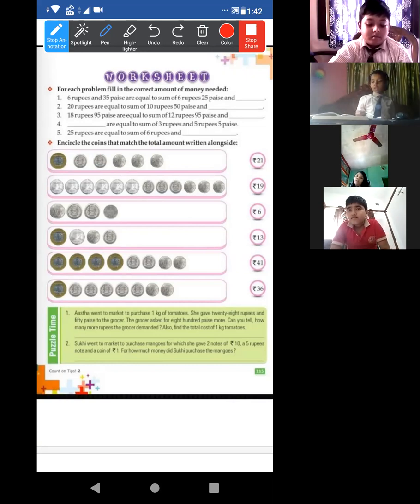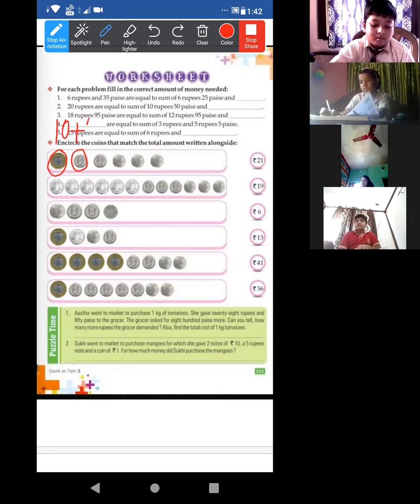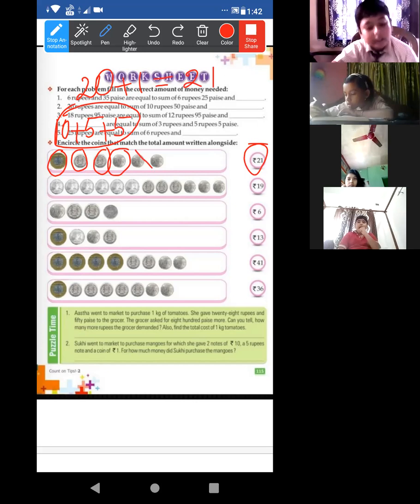Okay, now look. 21 rupees is given. Look, first one is 10. Second one plus 5. Third one plus 5. That means total 20. So 10 rupees plus 5 rupees plus 5 rupees. Then we will have to take only one 1 rupee coin. Then only it will be 21. We cannot take the other two.